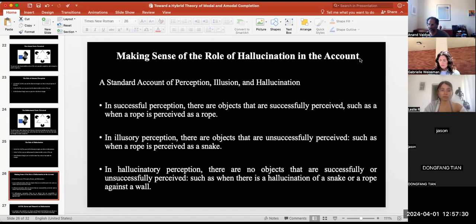And in hallucination, it's failure of object capture and anything veridical, right? So it's double failure. Hallucination is the failure to capture even an object, right? So this allows us to say, in a certain sense, that what makes hallucination different from perception and illusion is that it's unsuccessful in the sense that it has no objects. There are no objects of hallucination.